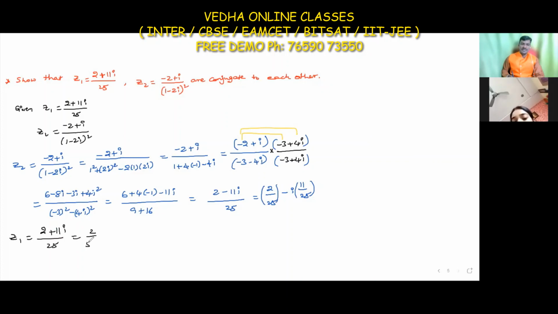If you separate, it is 2 by 25 plus i into 11 by 25. Are they conjugates or not? Yes, they differ only by plus and minus in the middle. Therefore, Z1 and Z2 are conjugate to each other.